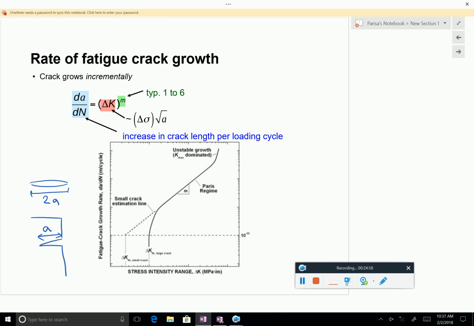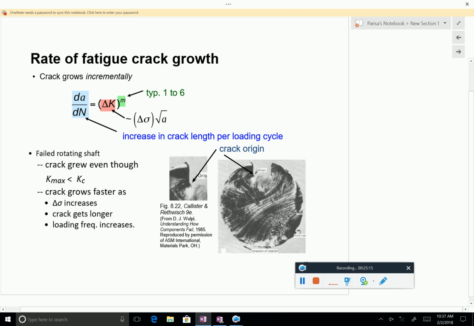The relationship between fracture toughness and crack growth during the stable regime is what you see here. We don't do much with this here, but if any of you at any point had something to do with fracture, you are going to use this formula to see how fast a crack would grow.